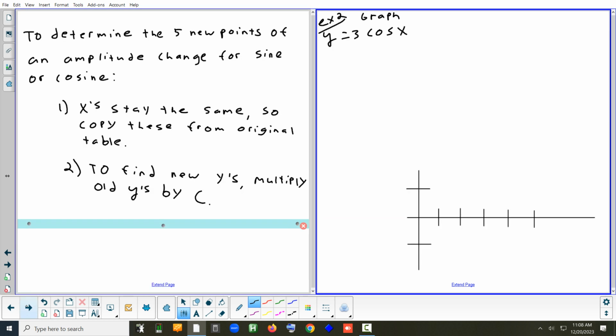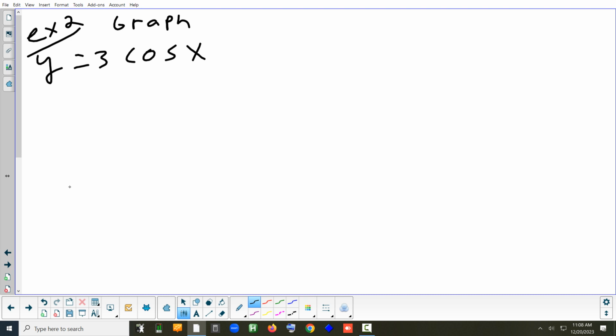All right, let's try this one. Y equals 3 cosine x. Okay, first, what kind of transformation is that? A vertical stretch. Yep, it's a vertical stretch because it's multiplied by a number in front. So which column here stays the same? Yeah. X's. And what are my x's for cosine?